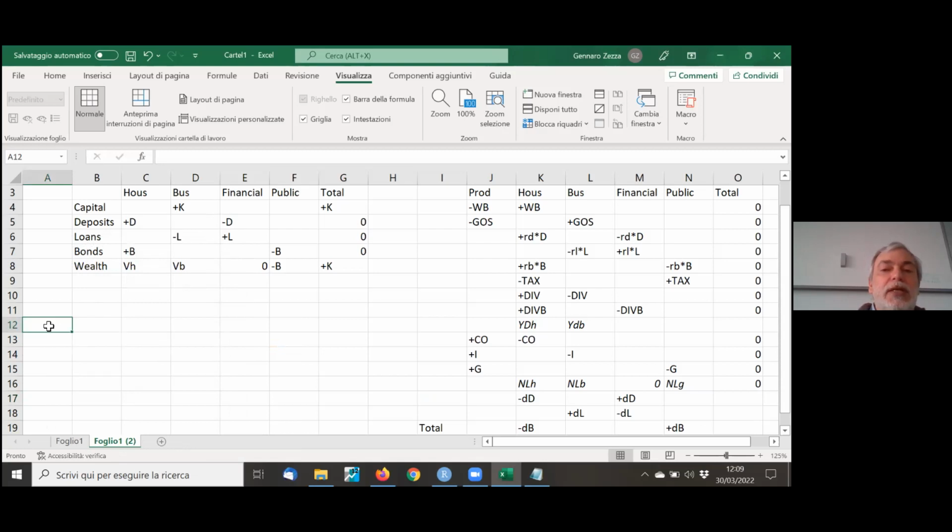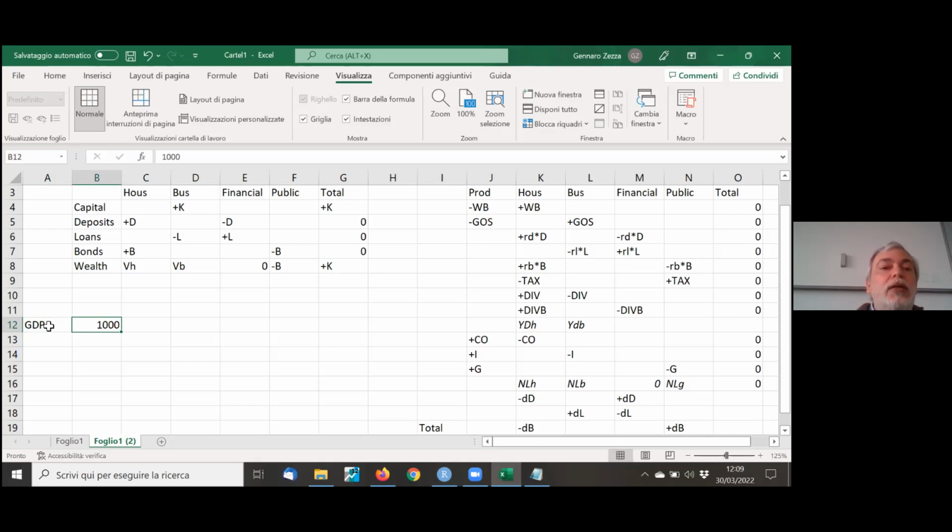So let's say that we want GDP to be equal to the stock of capital. I already know this is going to create some problems. So let's say that this is equal to 1,000.